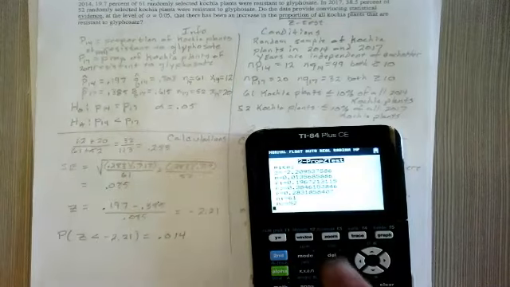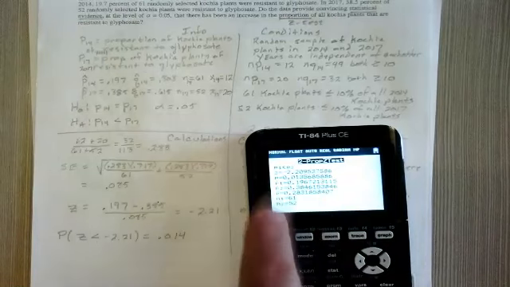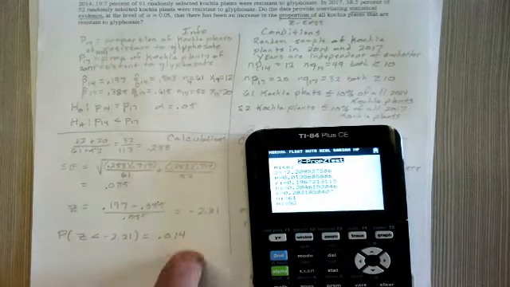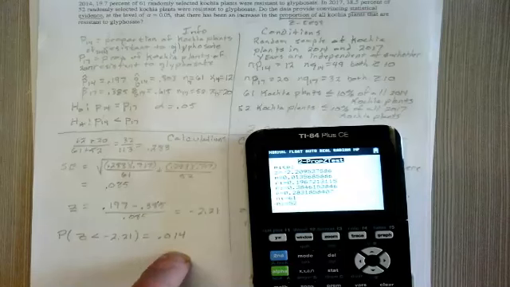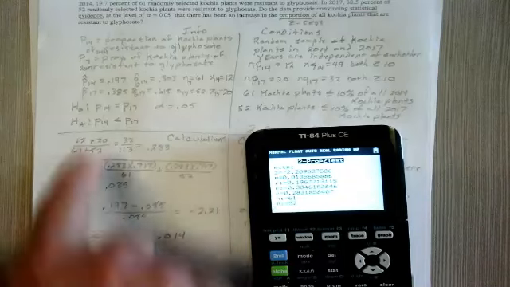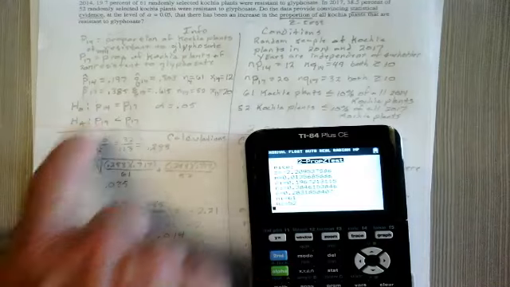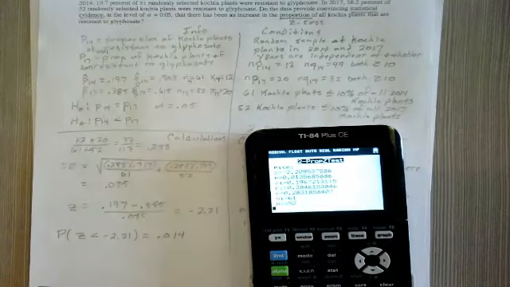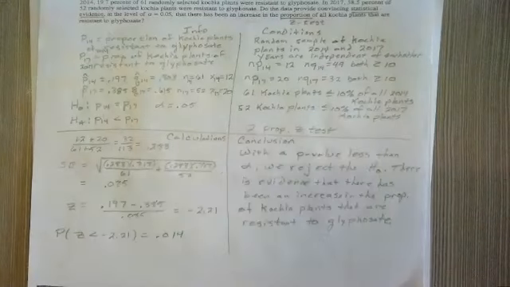Now let me go back and say real quick, you should at least be able to run the test to get a p-value. Write whatever your p-value is down here somewhere, then write your conclusion. You should always be able to do your H0 and your Ha, and that should help you write your answer. So here's my conclusion.